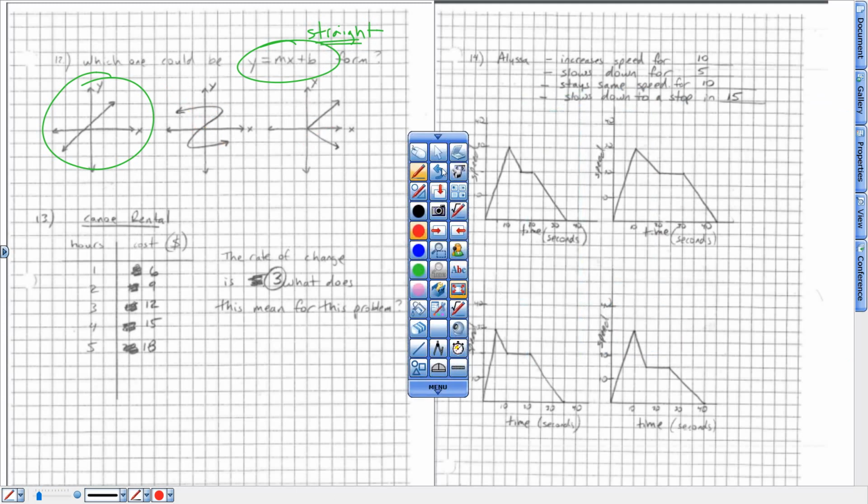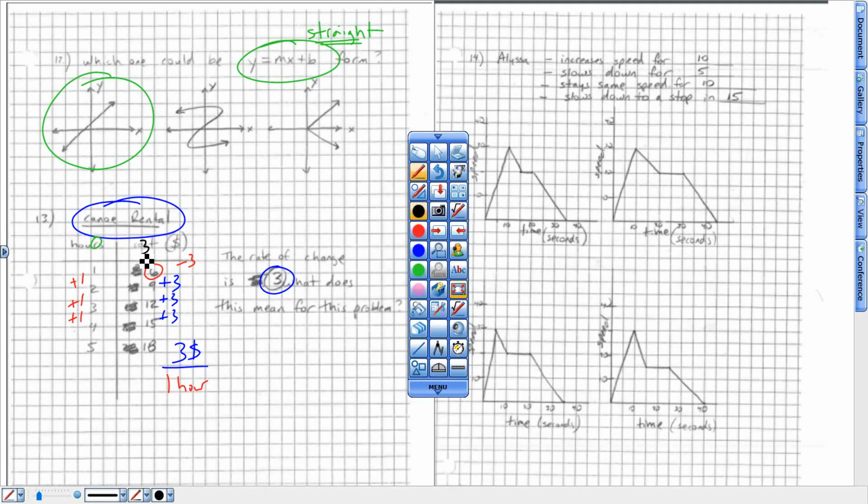All right, moving on. Next one, canoe rental. It says $3, and I'm getting that by this number right here is going up by 3. This is going up by 1. This is, of course, $3 for every 1 hour. Know that if I went backwards to the 0 term and took away 3 from the 6, that would be 3.